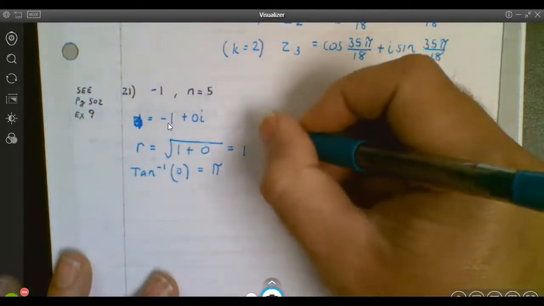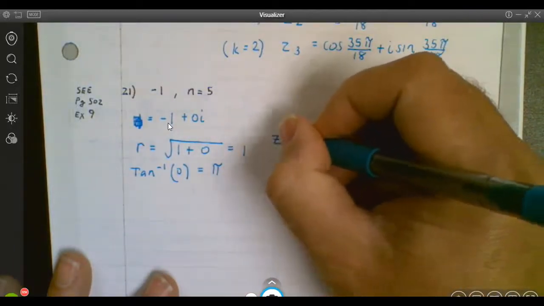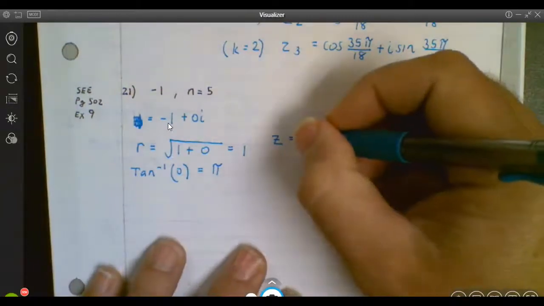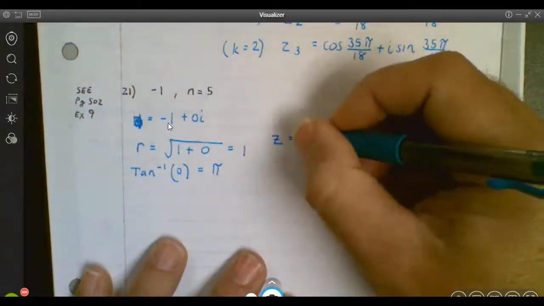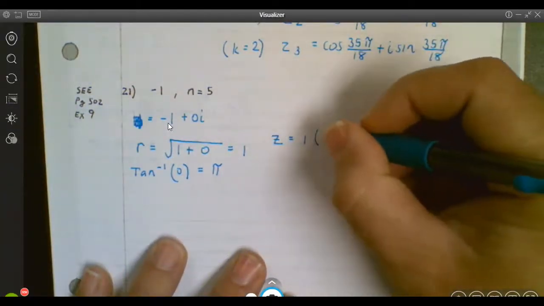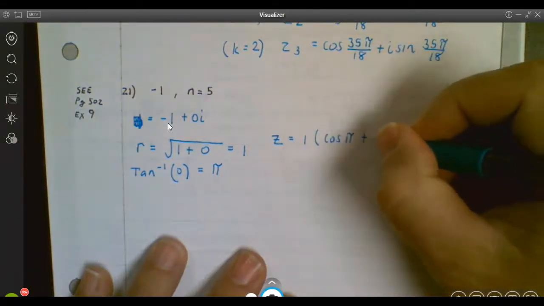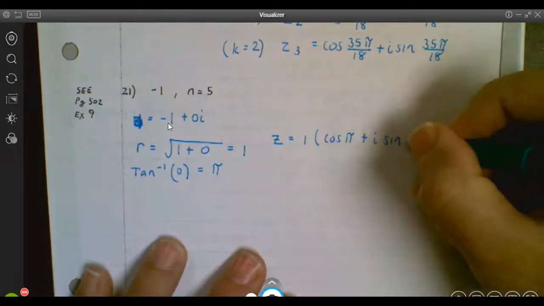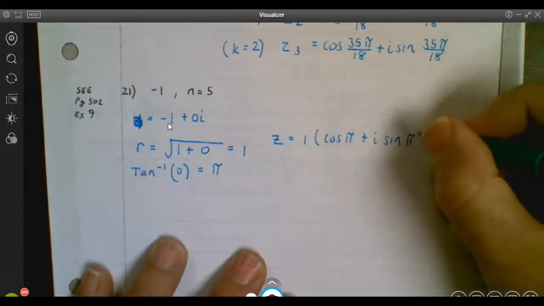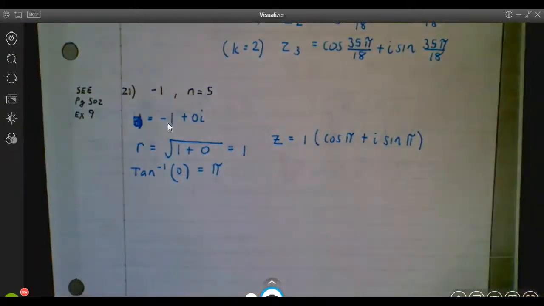So now I could write this in terms of z, which would be r, and again, you don't need the 1, but I'm just going to put it for the sake of notes, cosine theta plus i sine theta. So now it looks like this in terms of z. Now I could go through the process that we were just doing, right?